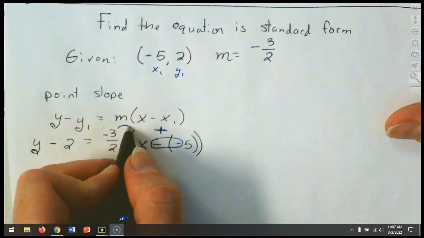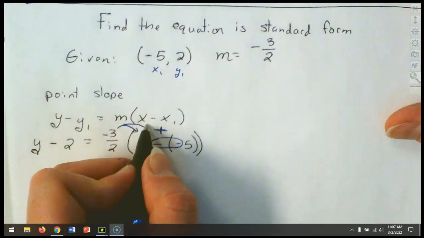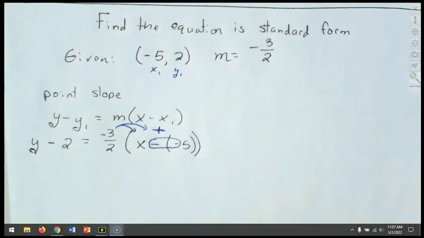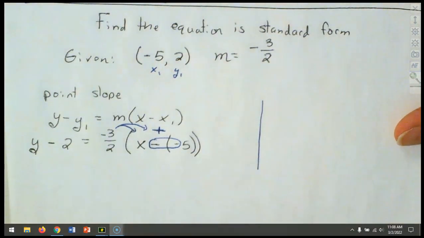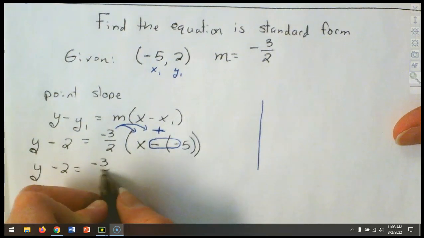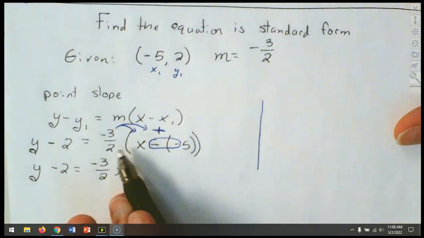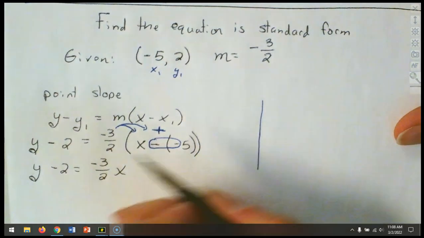And now we're going to distribute through that 3/2, negative 3/2. If you have trouble, just write it over the side. How do we distribute through? Well, the left-hand side stays the same, y minus 2. On the right-hand side, we've got a minus 3/2 x. Now, what about when we distribute through?